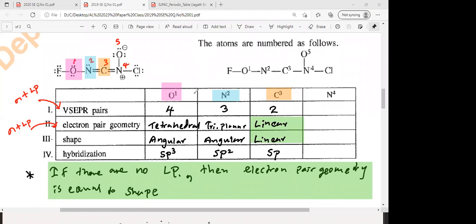Okay, linear, sp, linear sp is right. All of you are correct. Next one. Number 4. Okay, all of you are correct.